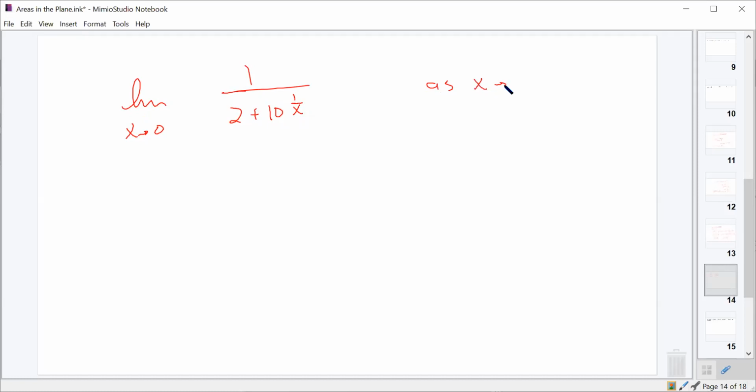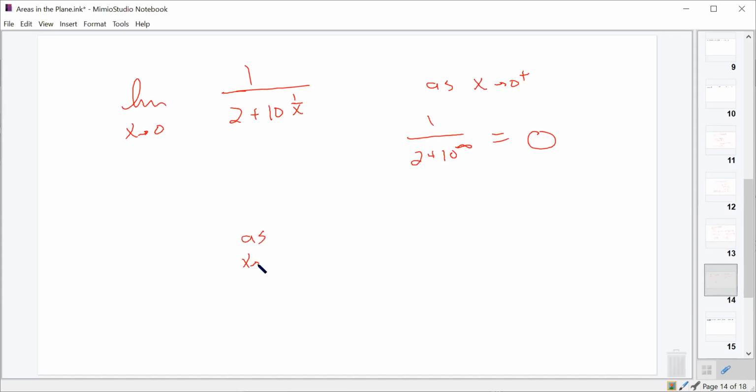As x approaches 0 from the right, this becomes 10 to the 1 over a very small positive number, which becomes positive infinity. So this becomes 1 over 2 plus 10 to the infinity. 10 to the infinity is huge, 2 plus a huge number is still a huge number, and 1 over a huge number is 0.